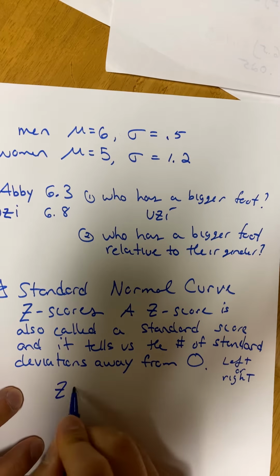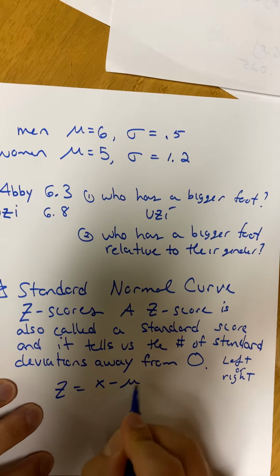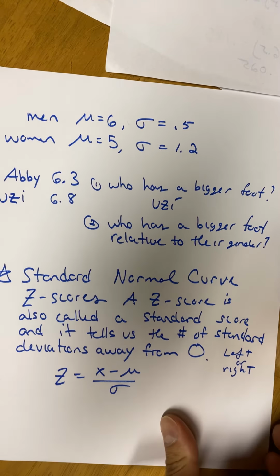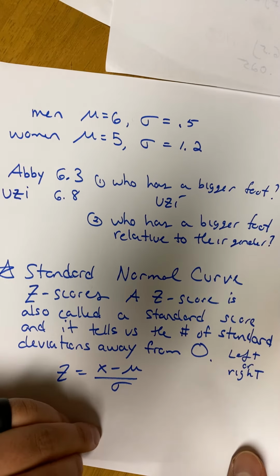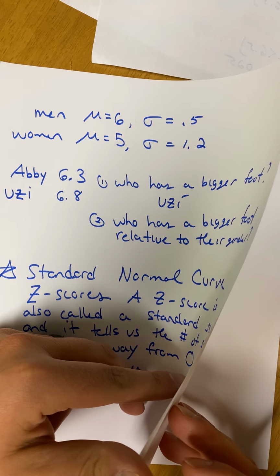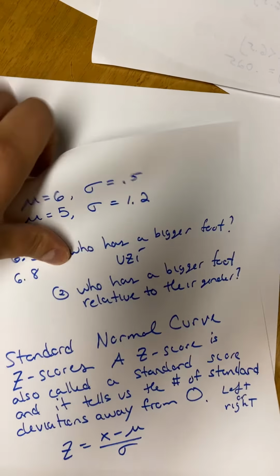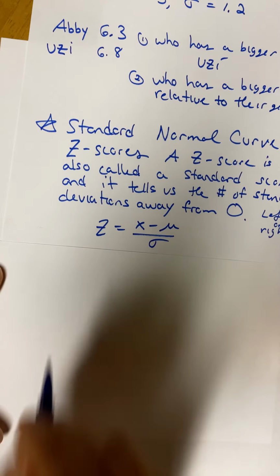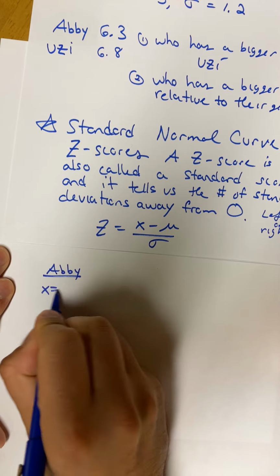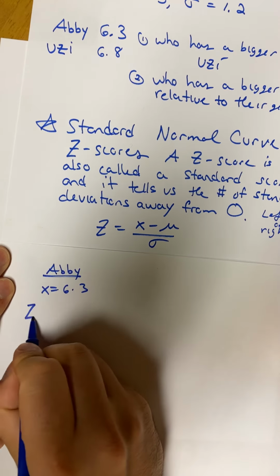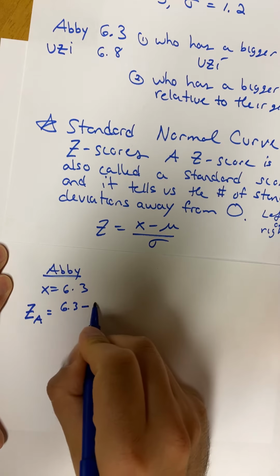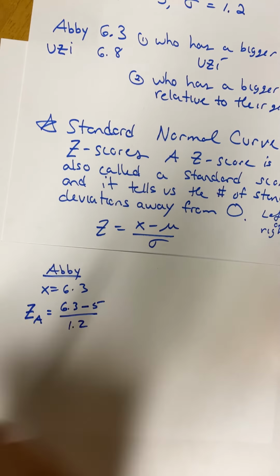So the formula is you take your data point, subtract the mean, and divide by the standard deviation. So watch this. Abby has an x of 6.3, but her z-score is 6.3 minus her mean, the woman's mean, divided by a woman's standard deviation.